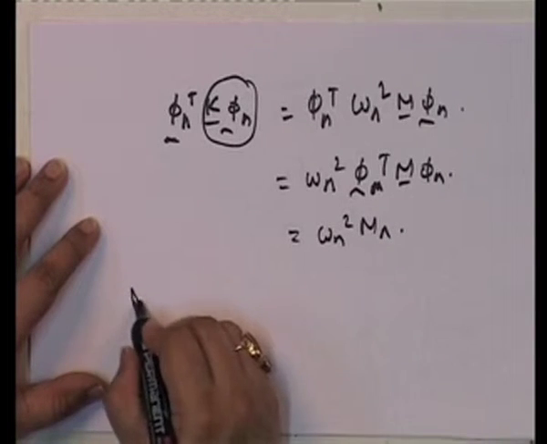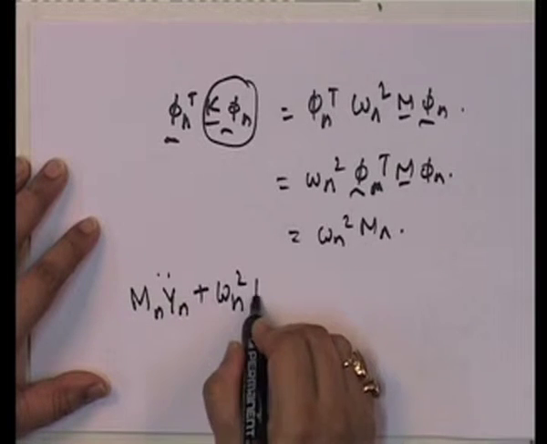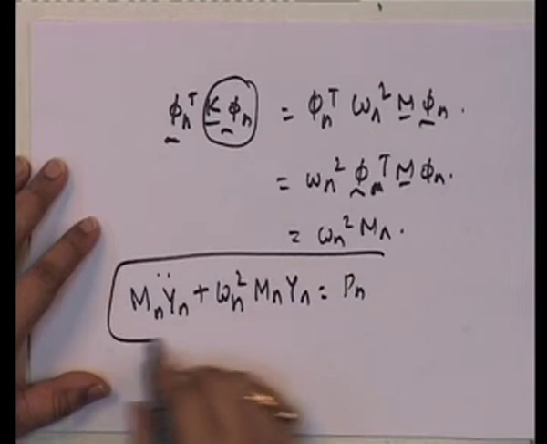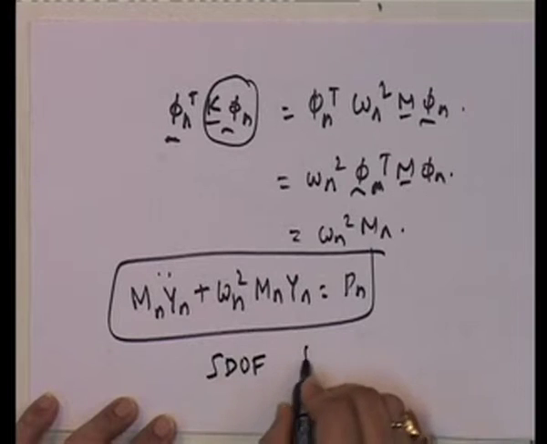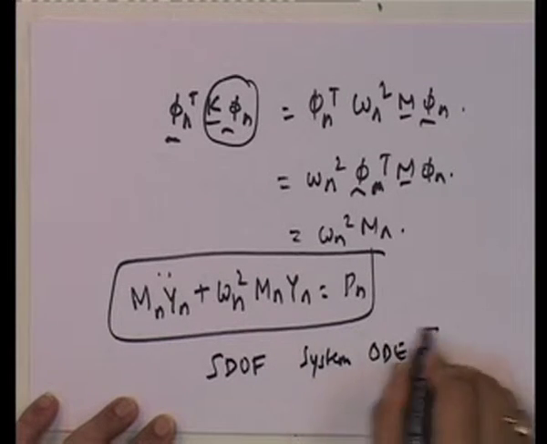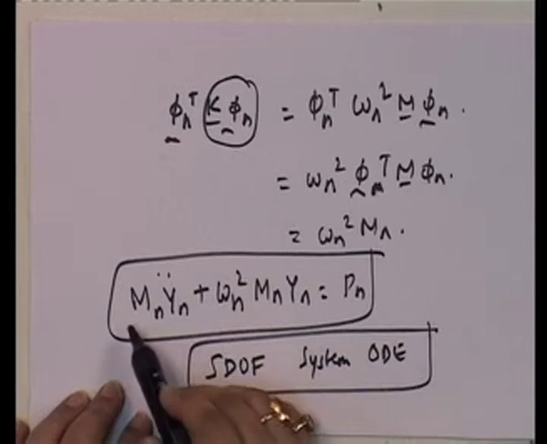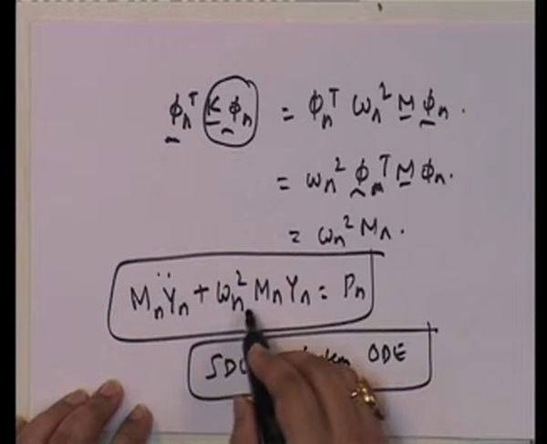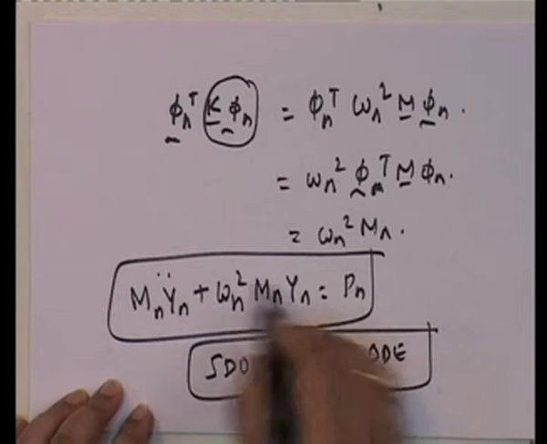So, if you look at this problem, what was m into v plus k into v is equal to p, okay, and what is k?